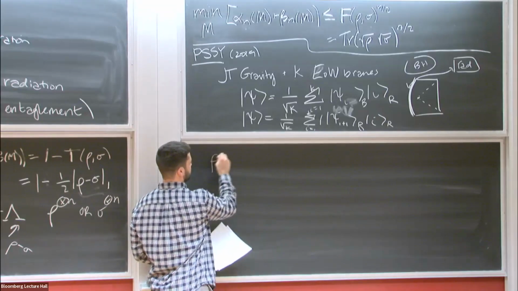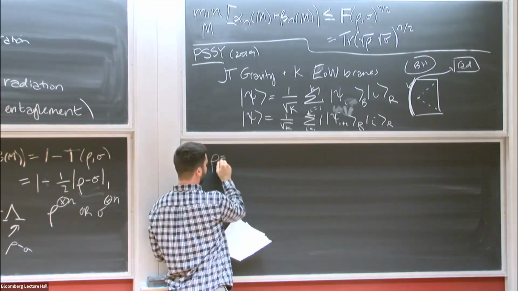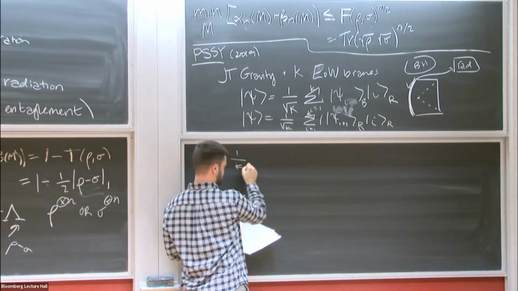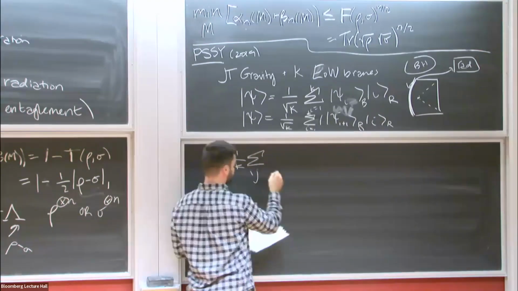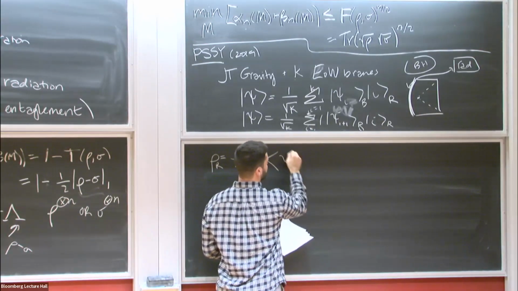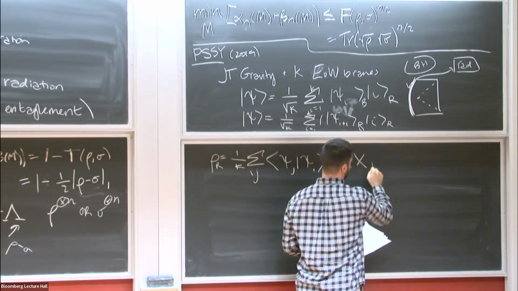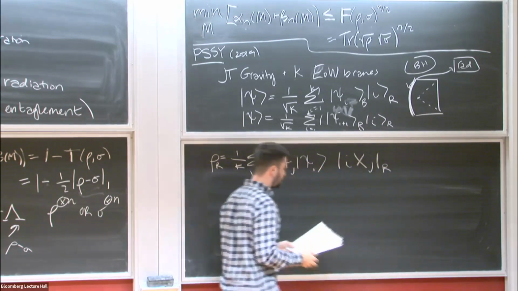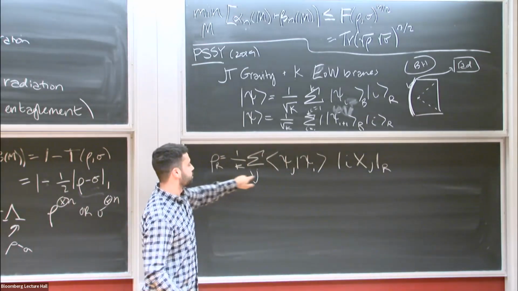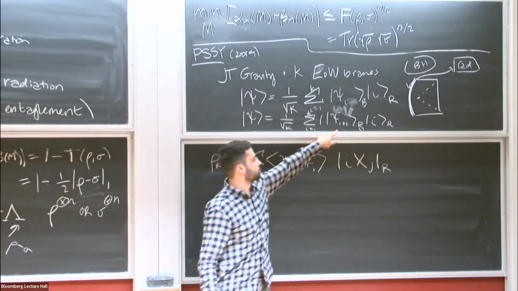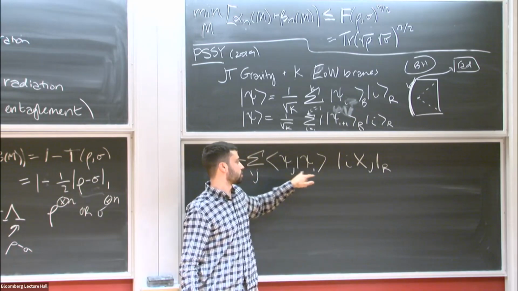You just simply trace over the black hole system. For a state like this, there's an analogous state with J plus 1 and I plus 1.